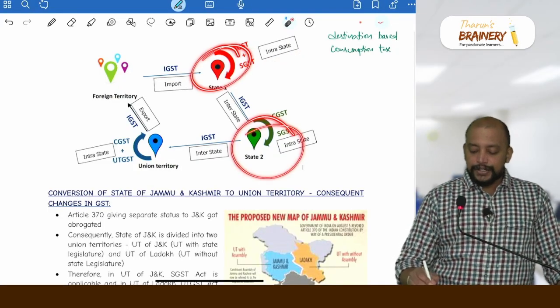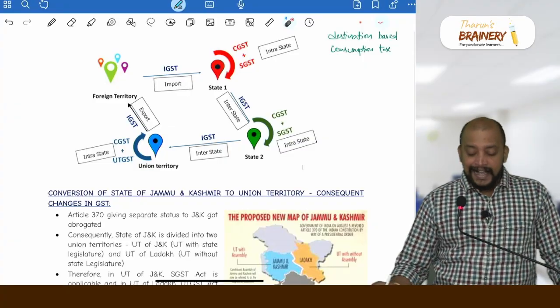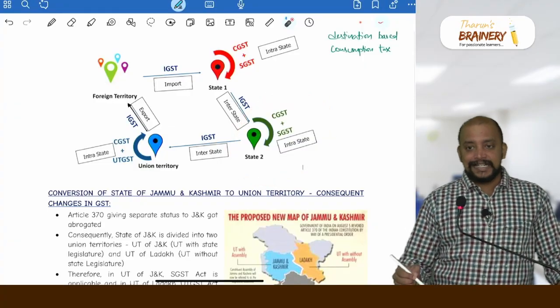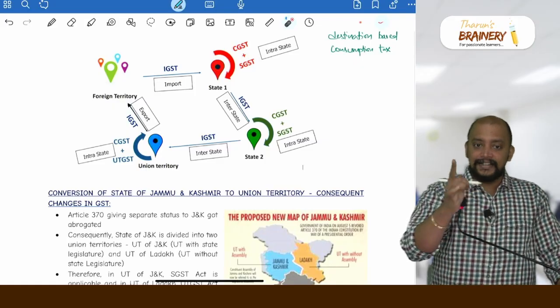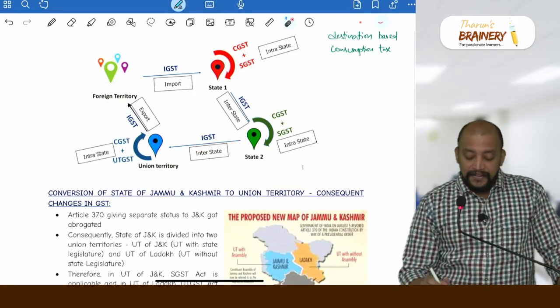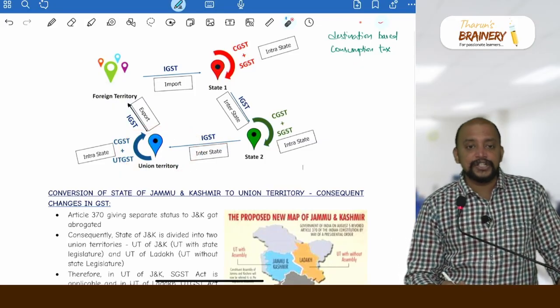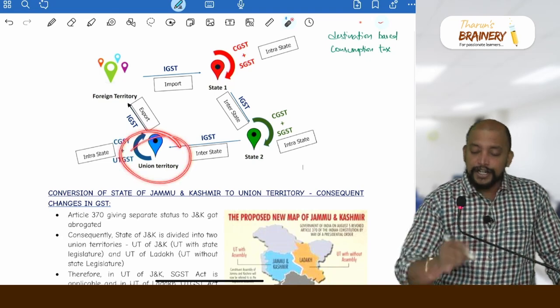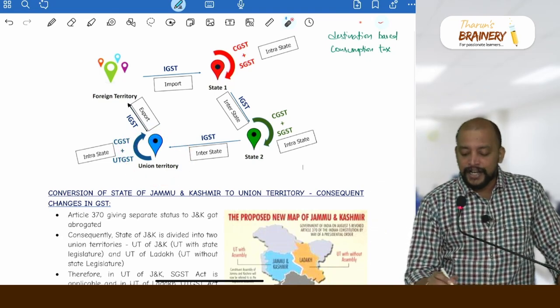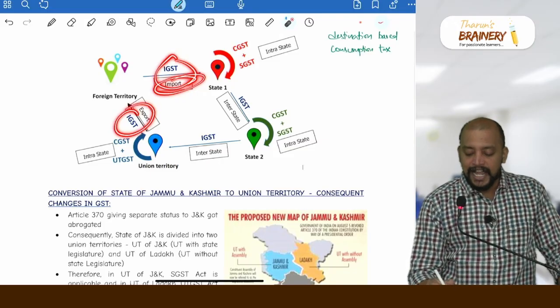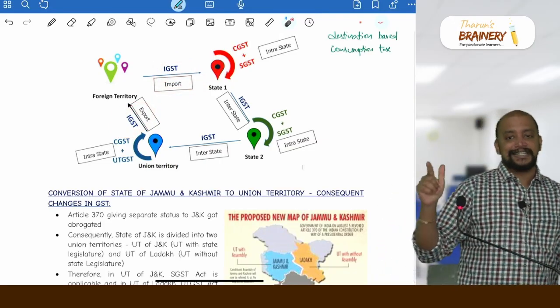State 1 to state 2, inter, IGST. Again within state 2, CGST, SGST. Again state 2 to union territory, inter, so IGST. Within union territory, CGST, UTGST. From union territory to foreign territory, export, that will be IGST. So you can remember, on import and export, the type of GST applicable will be IGST.